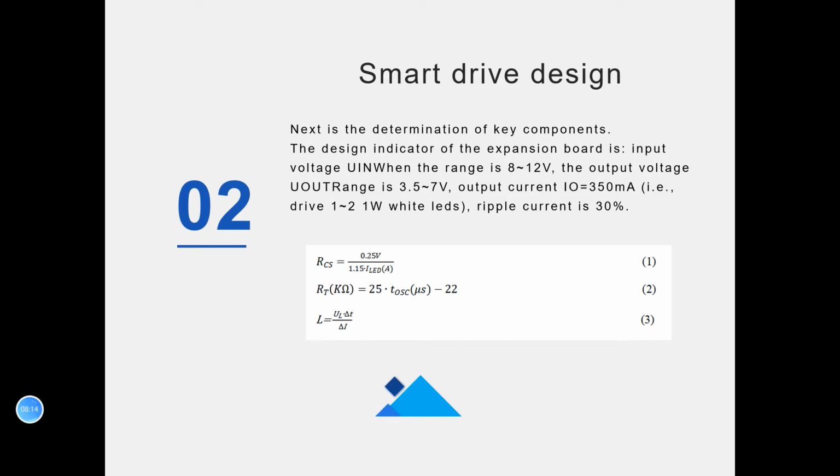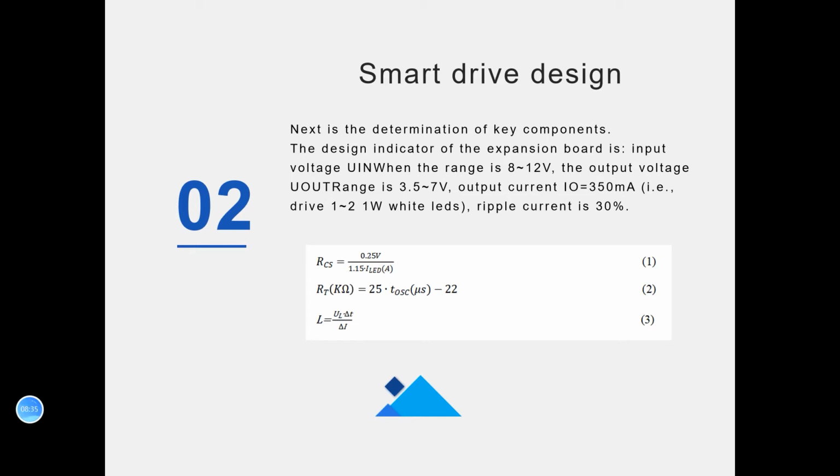Equation 1 calculates the current sense resistance. You get RCS equal R2 equal 0.62 ohm. Equation 2 is used to calculate the oscillation resistance.